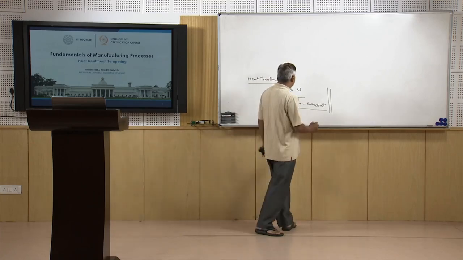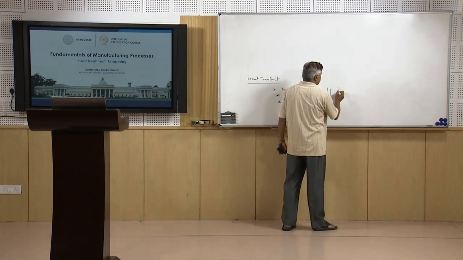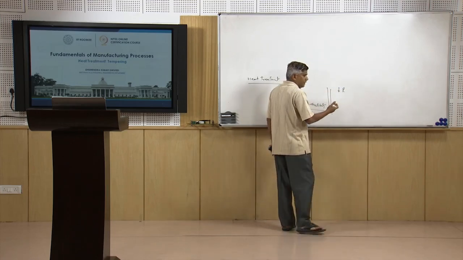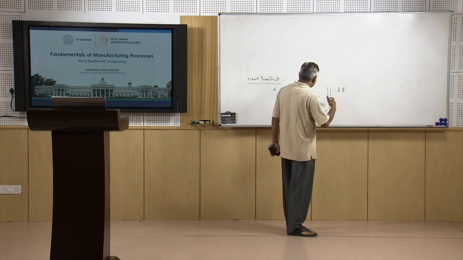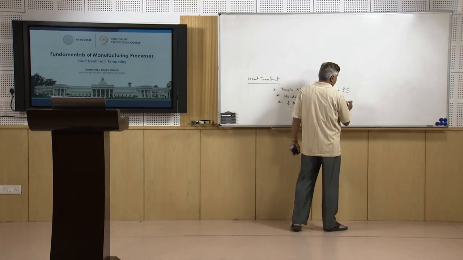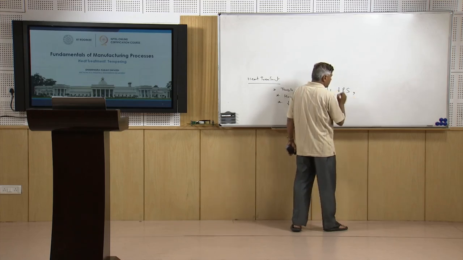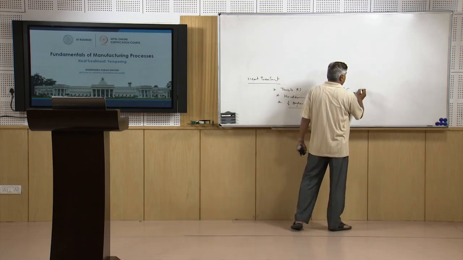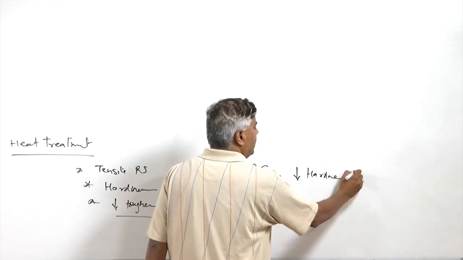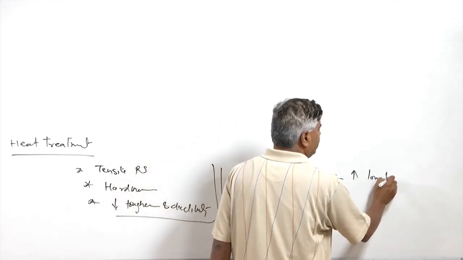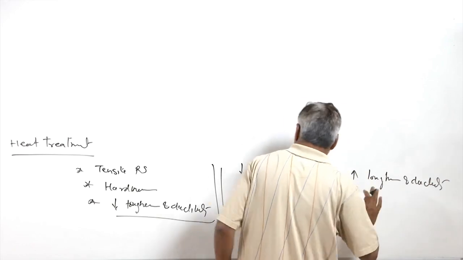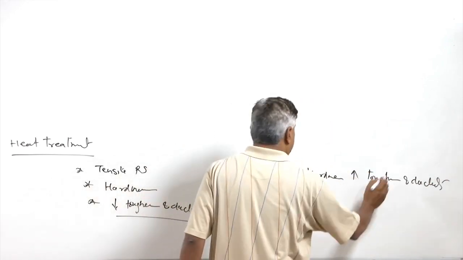Therefore, it becomes important to deal with the increased hardness and increased brittleness by reducing the residual stresses, and reducing the hardness marginally, while inducing the toughness and ductility, increasing the ductility. So this is the goal of the tempering.